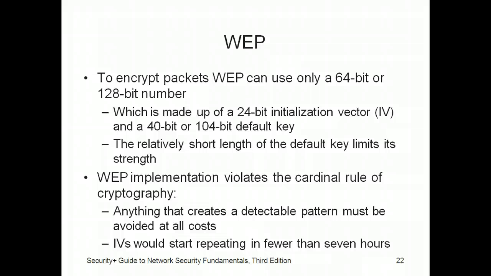Anything repeatable in a network or any system can be looked at by a hacker as something that's the same. They track what the sameness is, and that makes it easier to crack. If they see a pattern of any type, it's easier to crack.